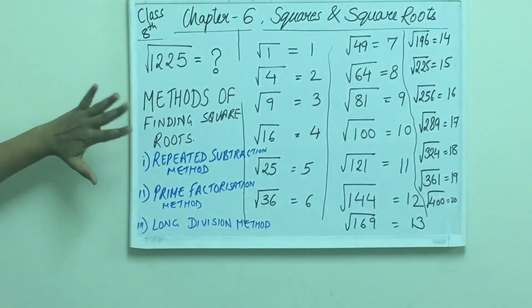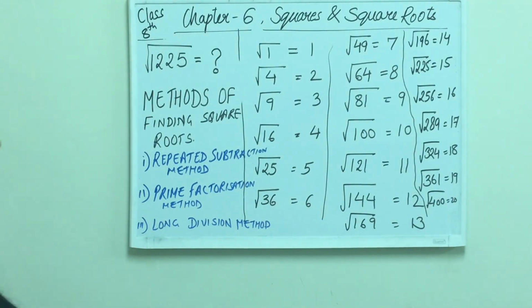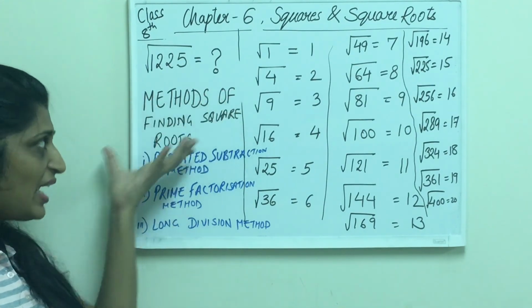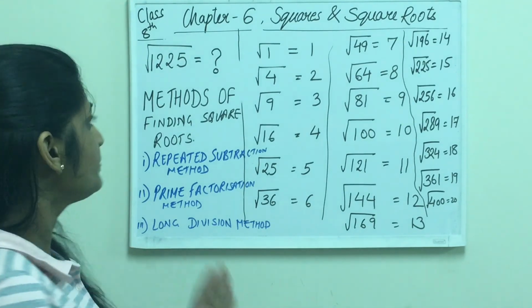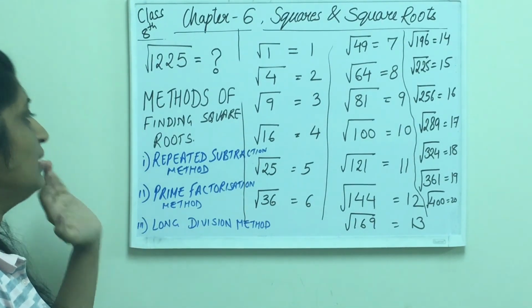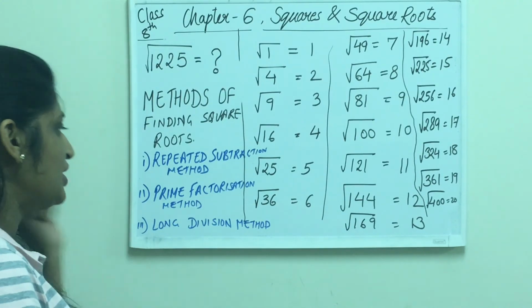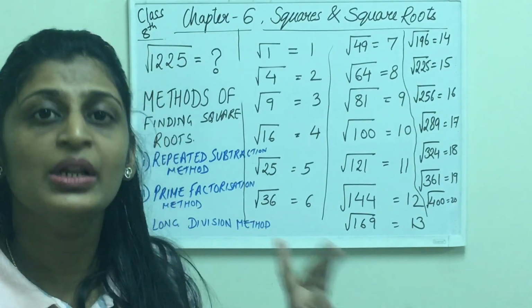There are definitely some ways, tricks, and formulas to find square roots, and these are the 3 methods: the first is the repeated subtraction method, second is the prime factorization method, and third is the long division method.